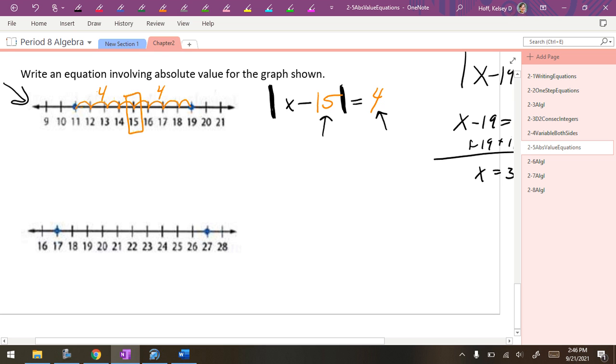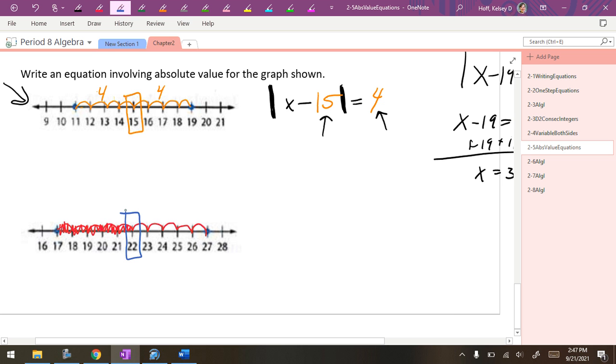Yep, the bottom one. I got 22 as my middle.